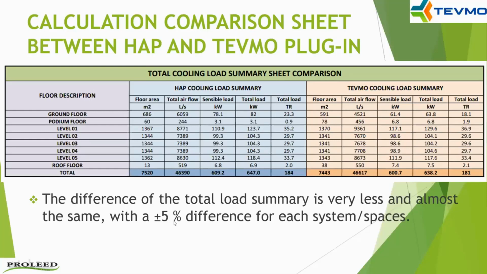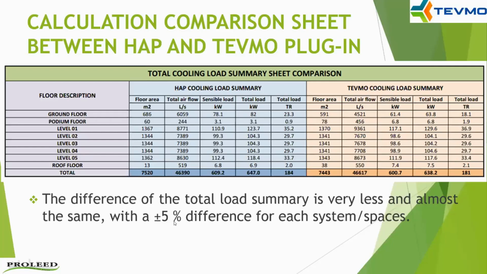Whereas with the TEVMO plugin software, the same output comes around 181 TR, which seems very close to our HAP calculated load, on which we spent a lot of hours, whereas here we didn't spend that many hours. It's very quick and fast.